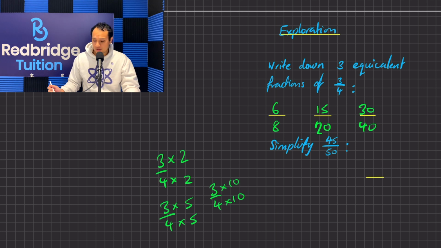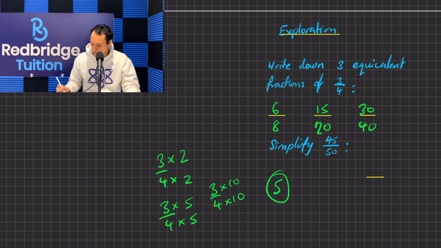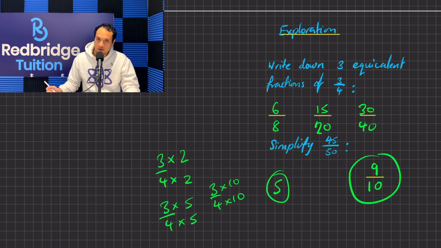The highest common factor is 5. Okay, 5 is our highest common factor. So if we divide 45 by 5, we get 9. If we divide 50 by 5, we get 10. Therefore, our fraction in its simplest terms is 9 over 10.